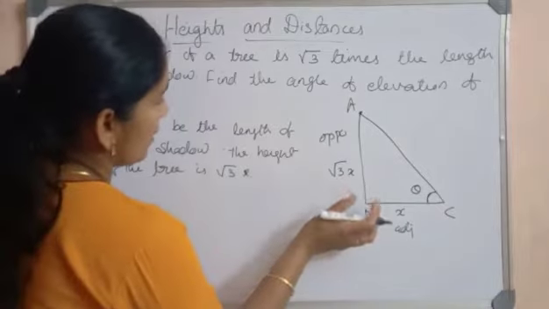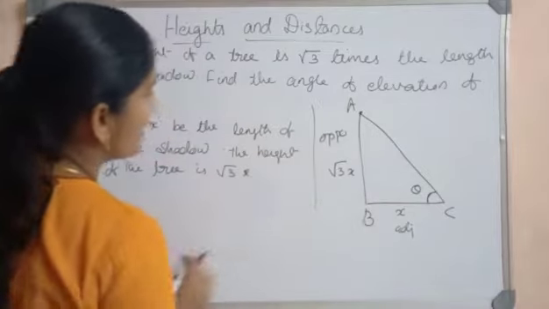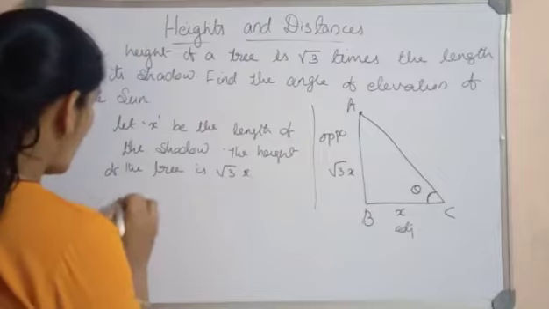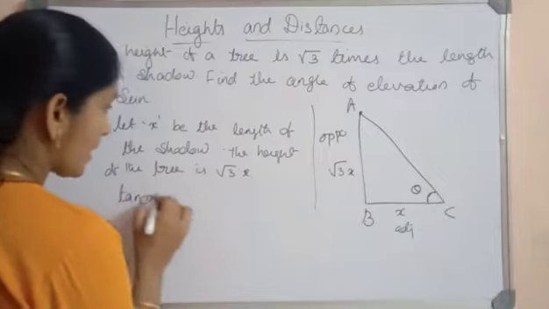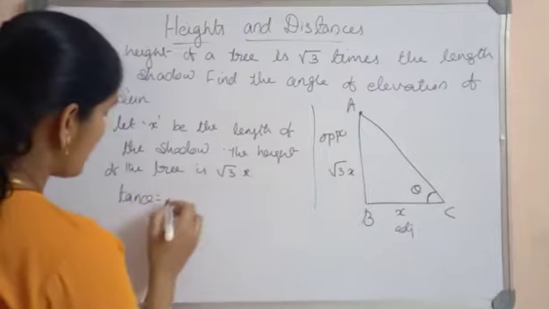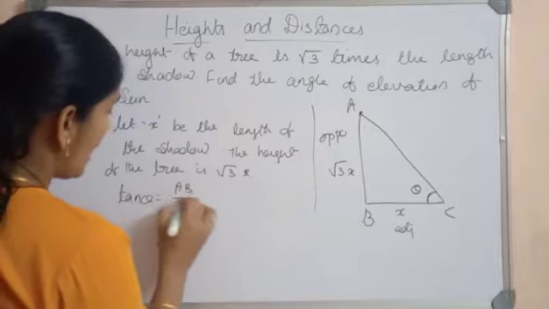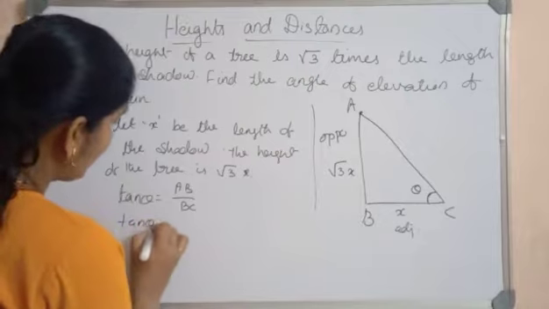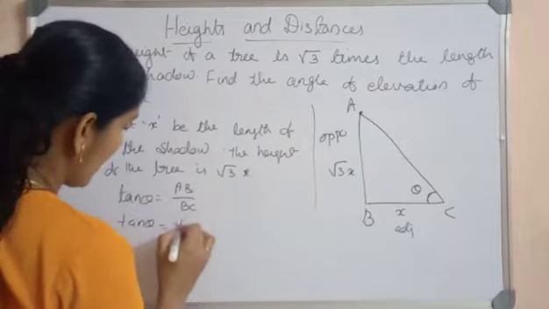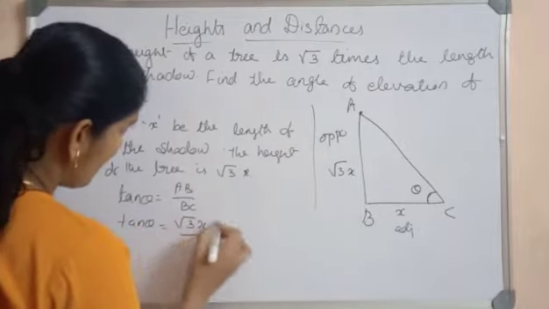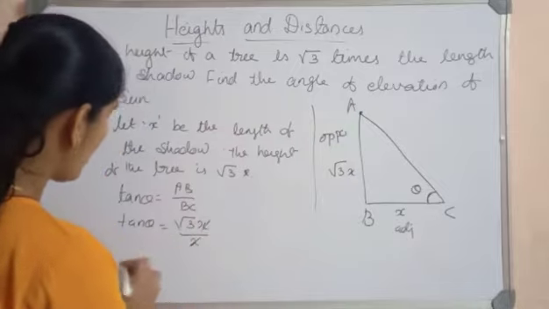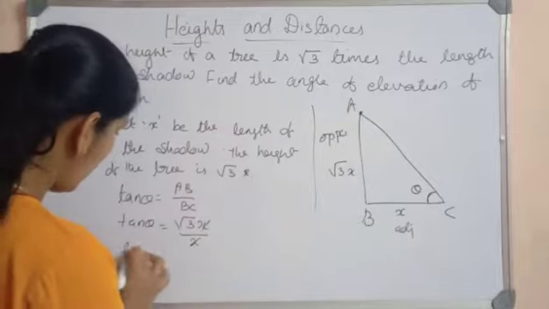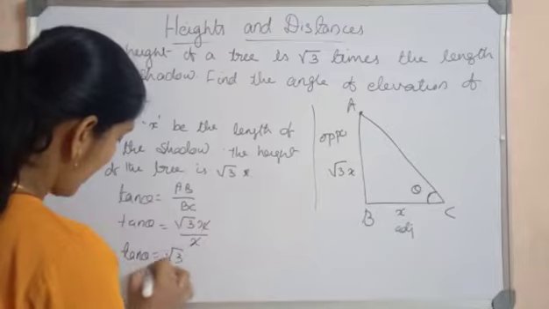Now, by considering these two sides, we can write the trigonometrical ratio as tan theta. Tan theta is equal to opposite side by adjacent side, that is AB by BC. Now, tan theta is equal to AB is root 3x by BC is x. When you cancel these two, you'll get tan theta is equal to root 3.